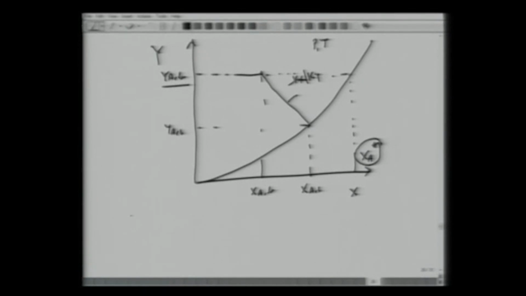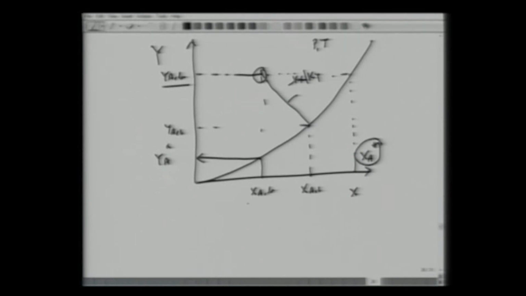Okay. Similarly, if we have XAB here, given this XAB, we can get another concentration here, which we can call YA star. So what is YA star? It's the concentration in equilibrium with XAB. But it's very important to note that in reality we have one YAB, XAB.